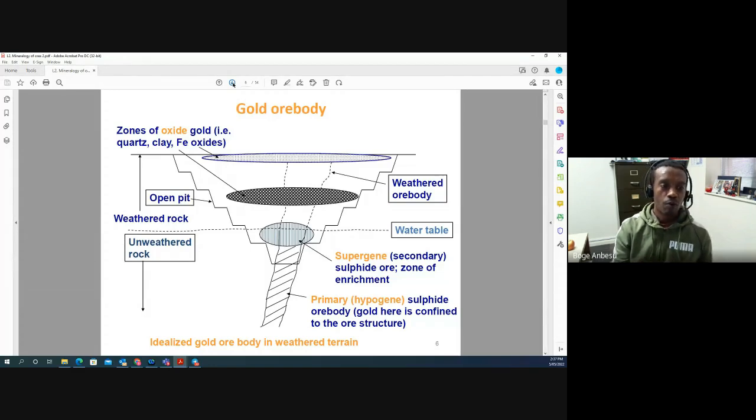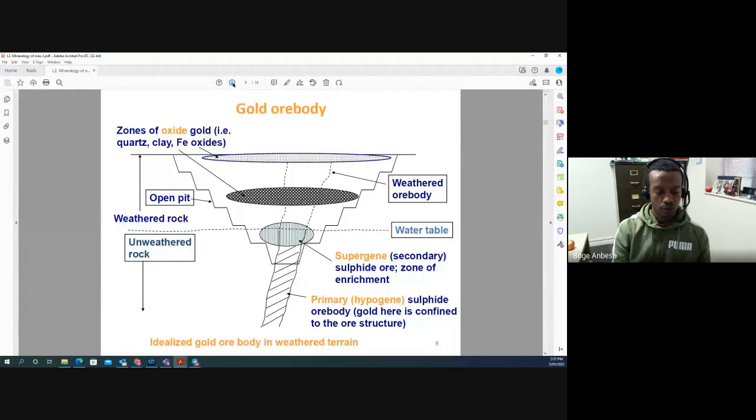Once you have exhausted the oxide zone, most likely you're going to hit the secondary zone, or secondary sulfide zone. It's also called the supergene zone, and that's where you find a number of sulfides. The sulfides typically host the gold.